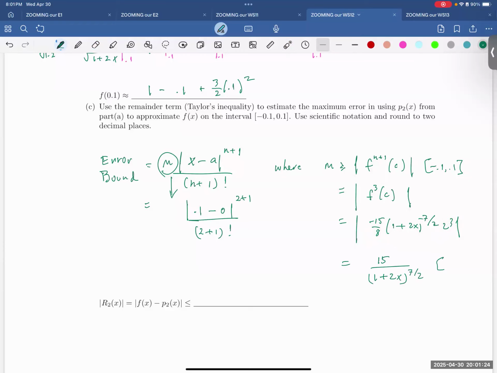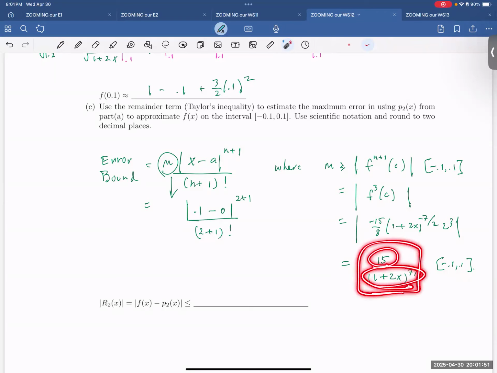All right, and we're looking at the interval negative 0.1 to 0.1. So this denominator increases over that interval. As x increases from negative 0.1 to 0.1, this denominator also increases. That means with a fixed number over a denominator that's increasing, the whole fraction gets smaller, it decreases.